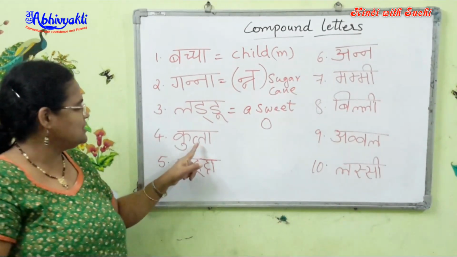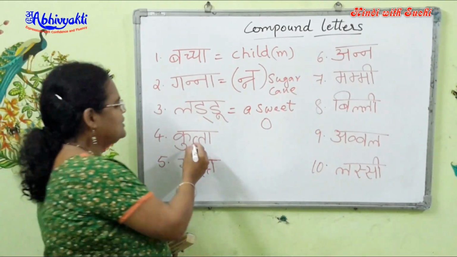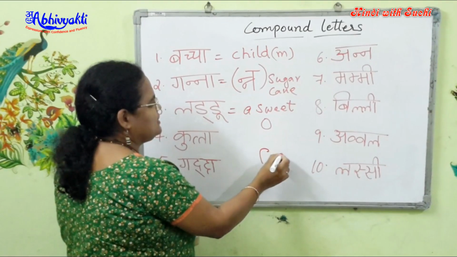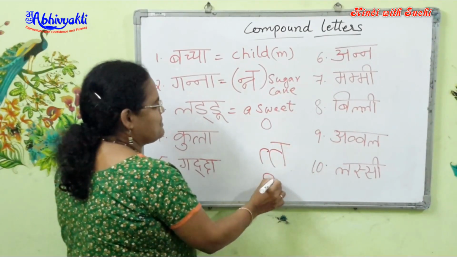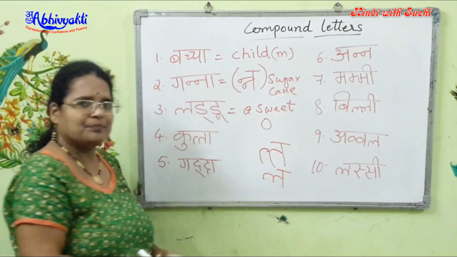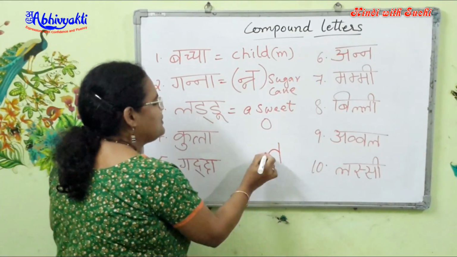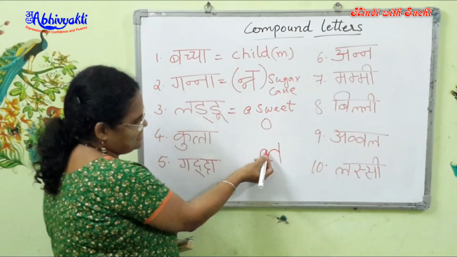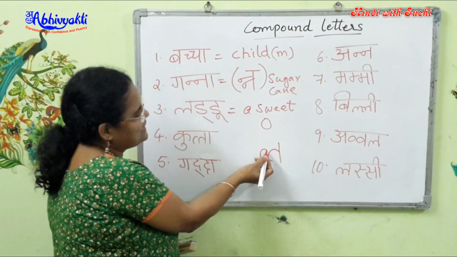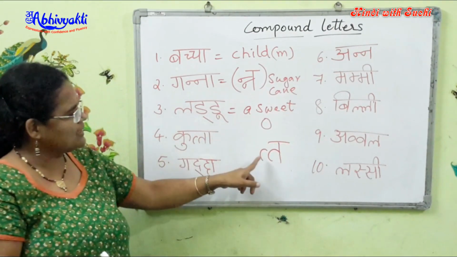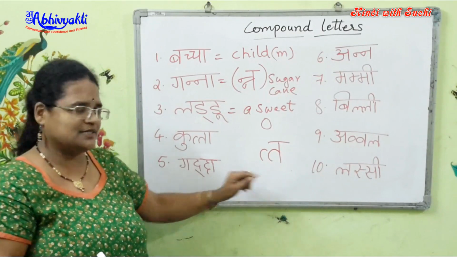Now I have the th and the th joining. When you are joining th and th, it somehow makes it look like l. So what do you do? You write the th, and when you want to join another th, just leave a slight gap so that you know that it is the th joining twice.